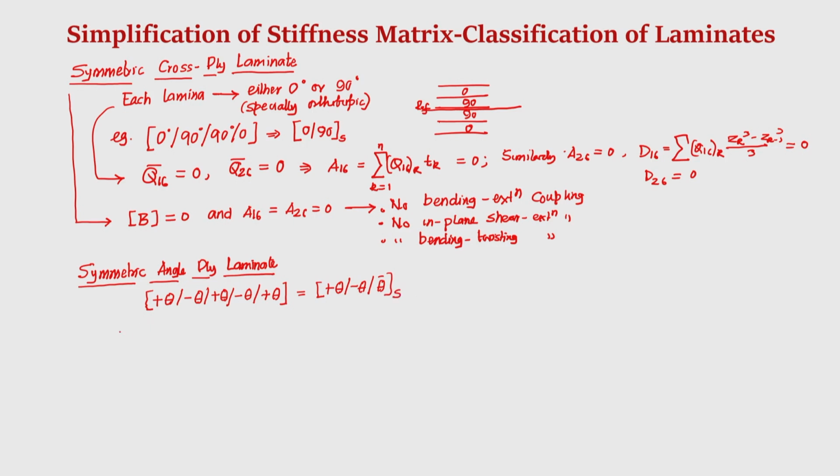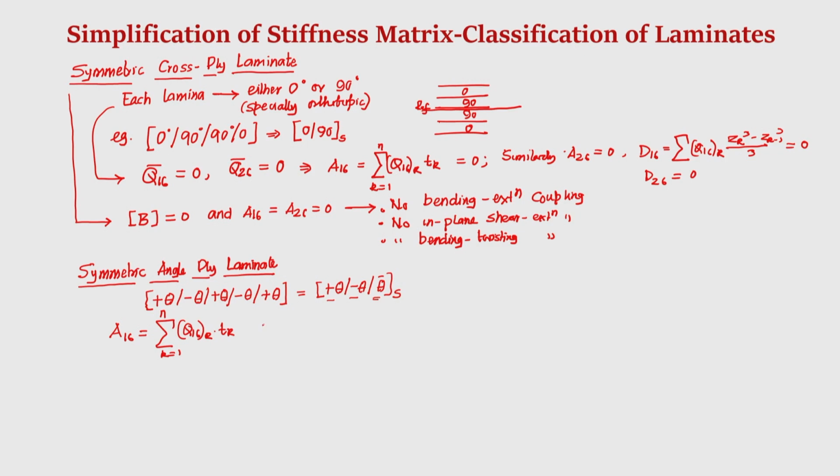For this, you can see that A16 is equal to the sum, k going from 1 to n, of Q16k into Tk. Now, you can see that the plus theta and minus theta layers will cancel out, and it will only remain for this plus theta.